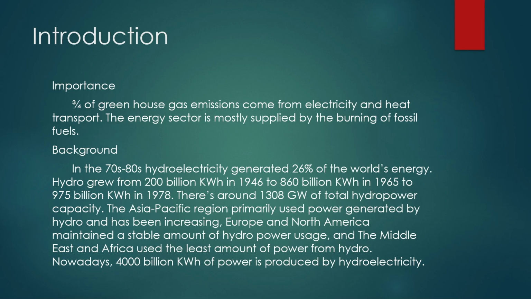That's because they don't necessarily have as much access to it, but they also have access to other forms of power and electricity. Regions like the Middle East and Africa use the least amount of power from hydro.